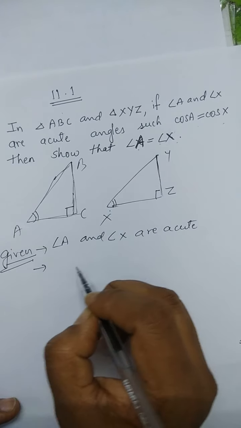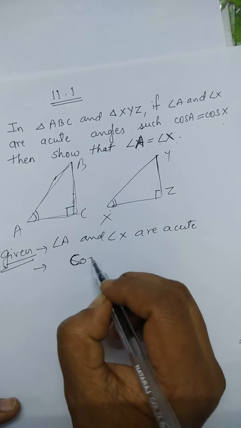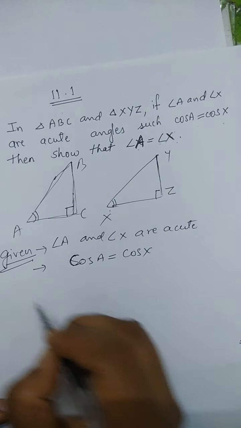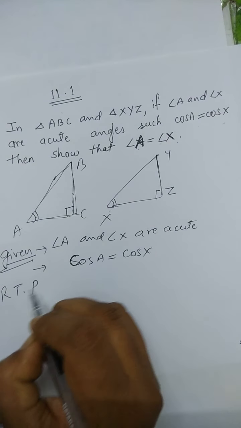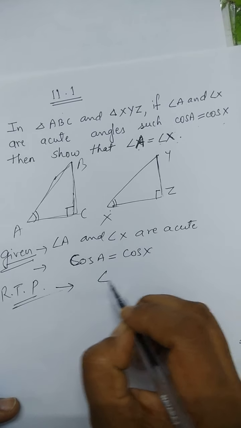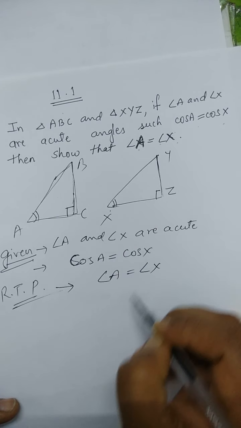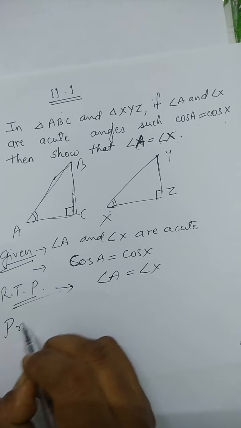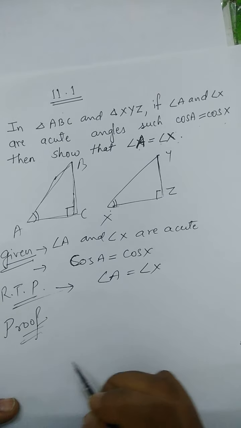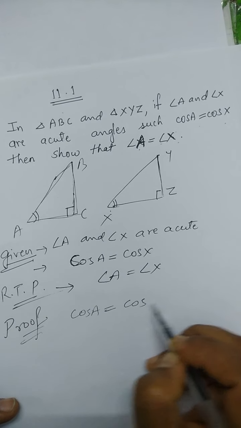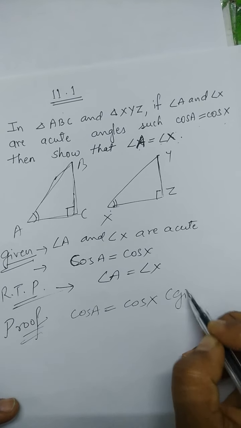Second condition given is cos A is equals to cos X. Now required to prove. What is required to prove? What we want to prove? That angle A is equals to angle X. Okay. So how to prove? Proof of this problem. Consider cos A equal to cos X. Why? Because it is given in the question.